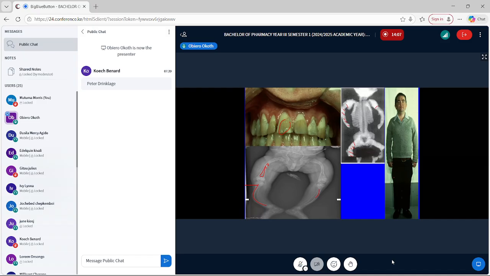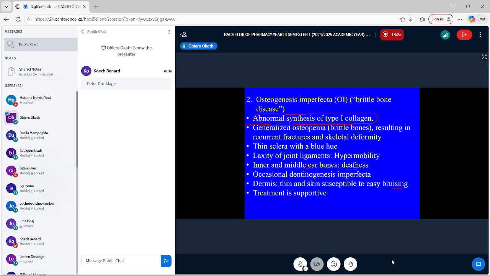And because they get recurrent fractures, there's normally limb shortening. Abnormality of type 1 collagen, giving you very brittle bone. This is osteogenesis imperfecta. And because the same collagen is found in other tissues, we'll also have a thin sclera, joint hypermobility, deafness, and thin skin.